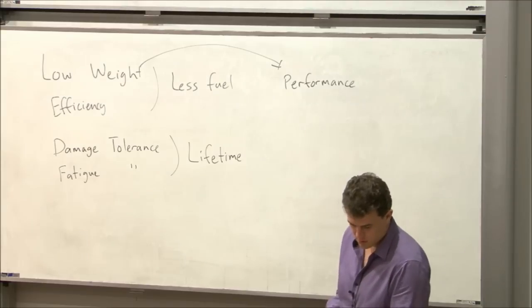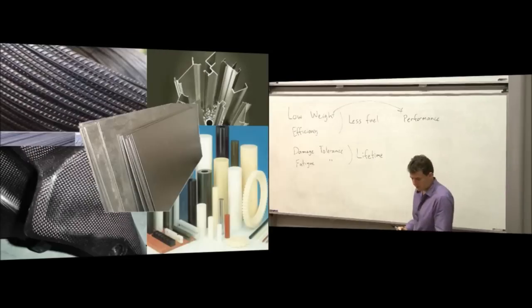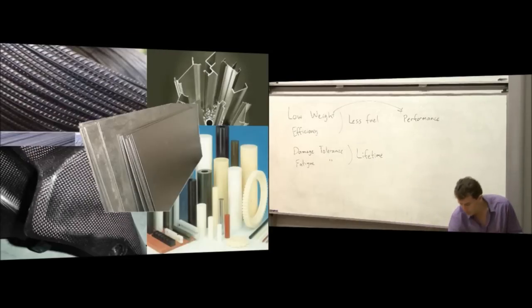Okay. So this is a selection of aerospace materials. Up here we have steel, which is at the moment just steel rebar from a picture of a civil engineering structure, so it's not really in the form that we would use on an aircraft.